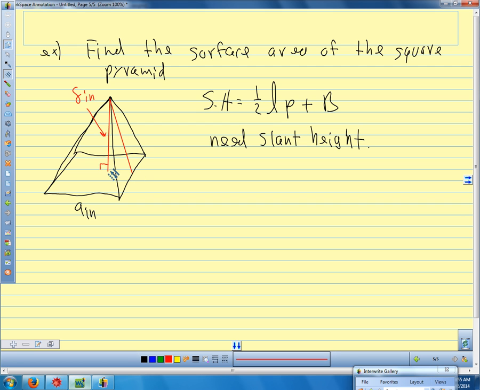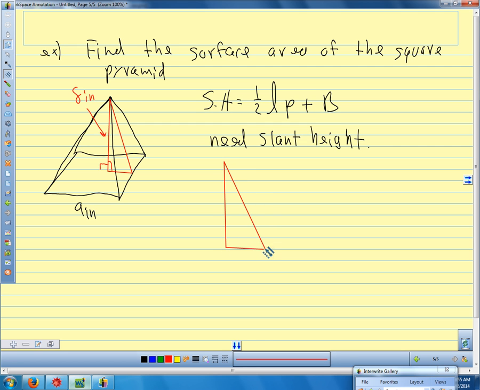There's a slant height. And I'm going to draw this nice little triangle. This is a right triangle. And I'm going to redraw that triangle over here, so we can work it. So here is the height. Here's the slant height.